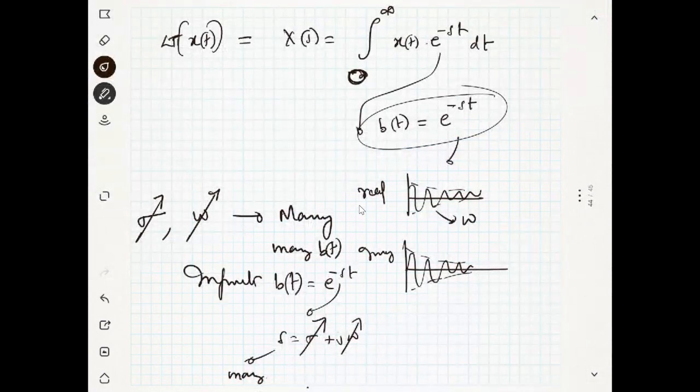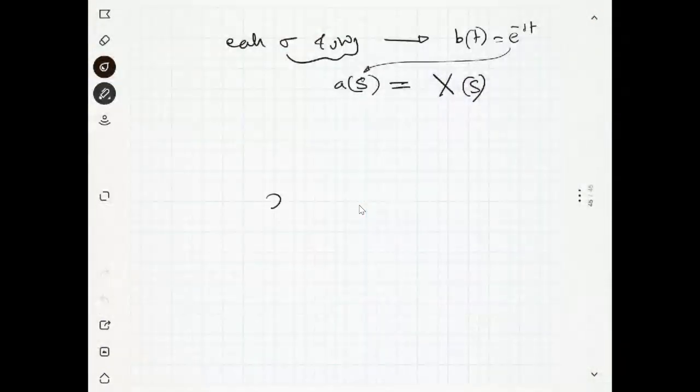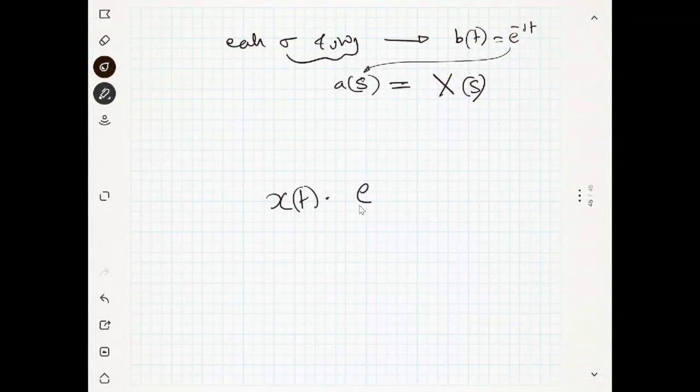So how to find the coefficient? I told you, you first multiply your original signal with e power minus st dt, and then you integrate. Integration means adding everything. Adding everything is a part of averaging.